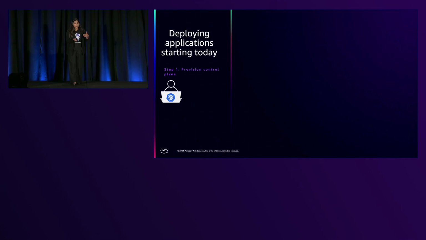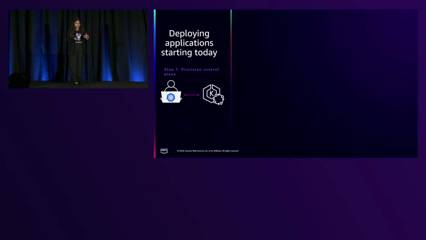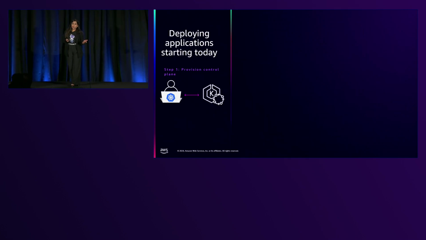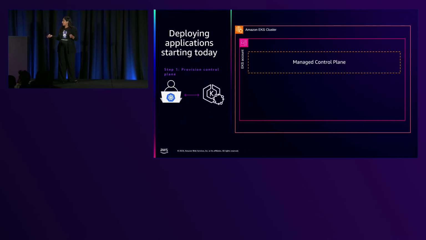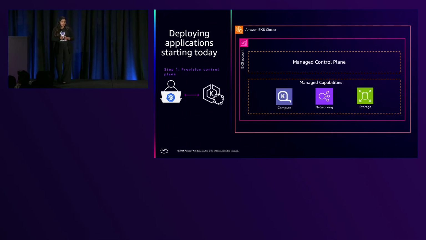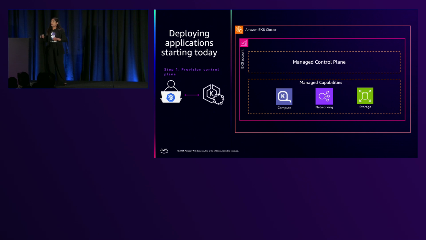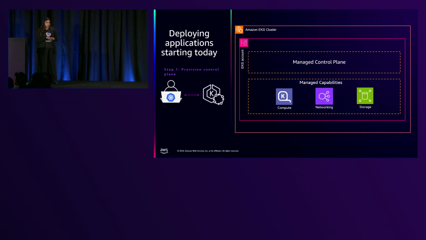So first, you still create a cluster, you provision a control plane, and as you can see here, EKS Auto Mode, and when you do that, you get a managed control plane. Alongside it, the controllers that provide these managed capabilities, which are compute, network, and storage, you get automatically out of the box.